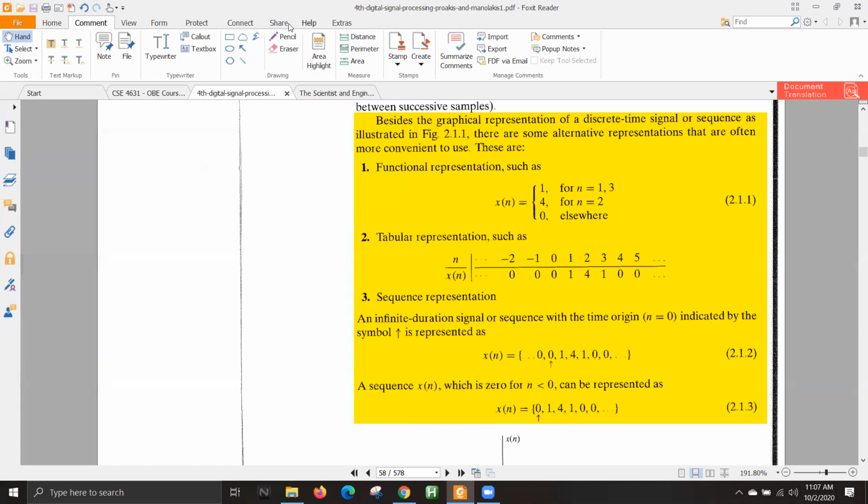So to summarize, the functional representation you can already see from here. The tabular representation is also pretty easy to know. And the sequence representation is the one we'll probably be using the most in our next chapter, that is convolution. So this is the one that you need to get acquainted with and get used to.